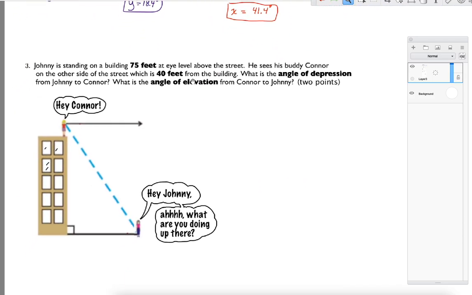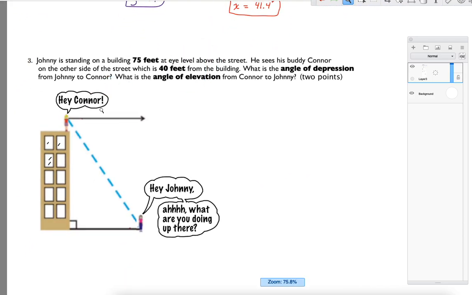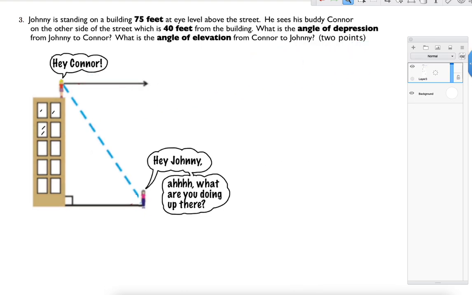Okay, let's take a look at a word problem here. Johnny's standing on a building 75 feet at eye level above the street. So his eye is 75 feet above the street, this vertical distance here.